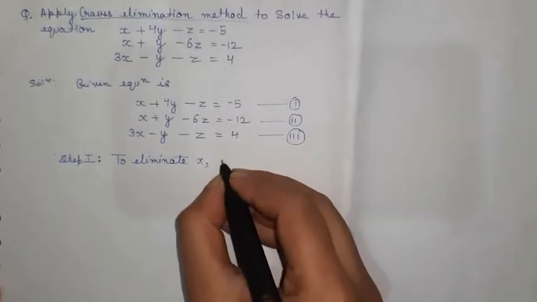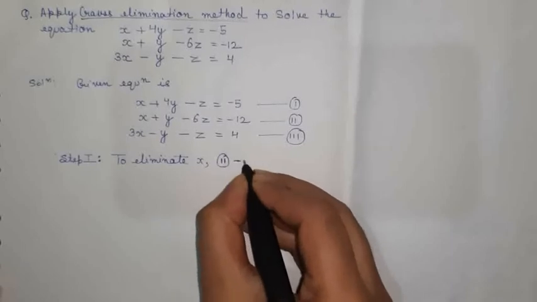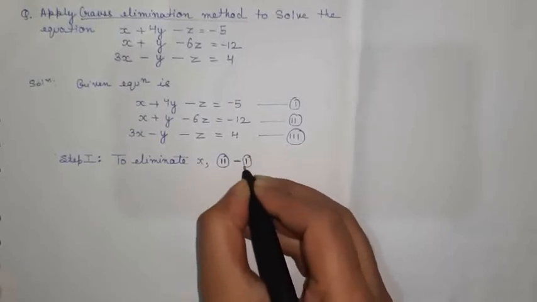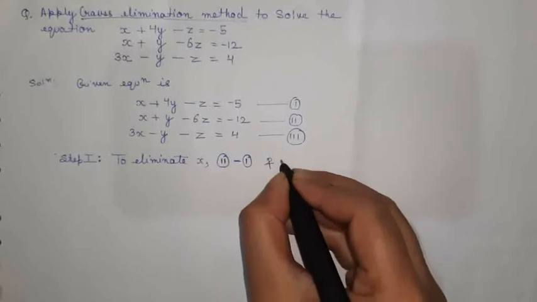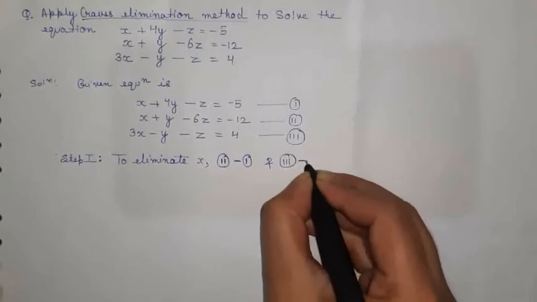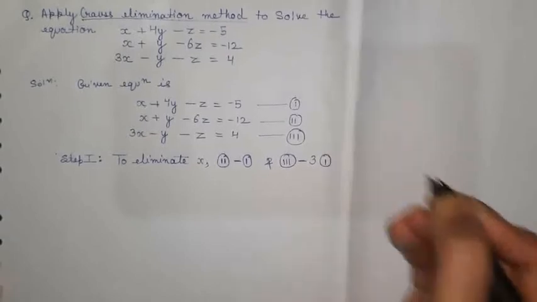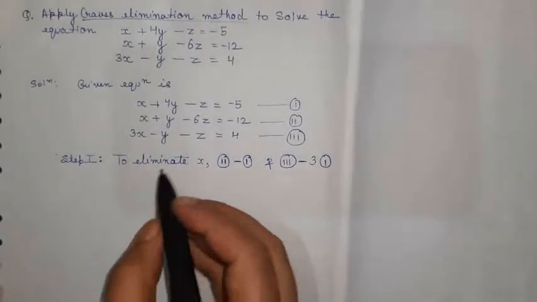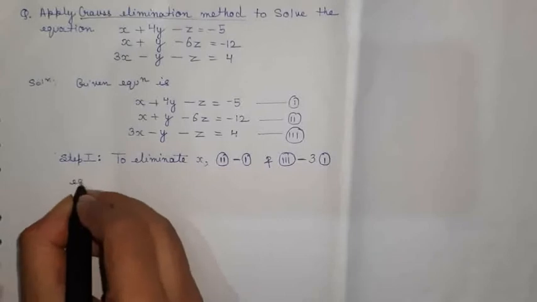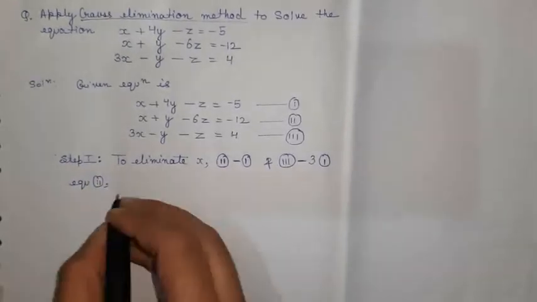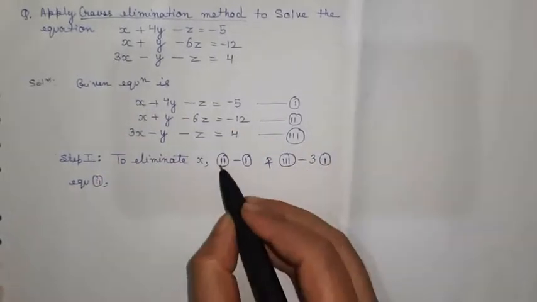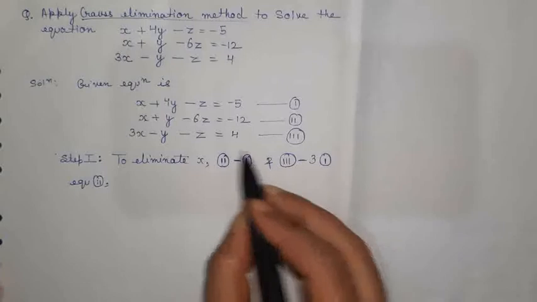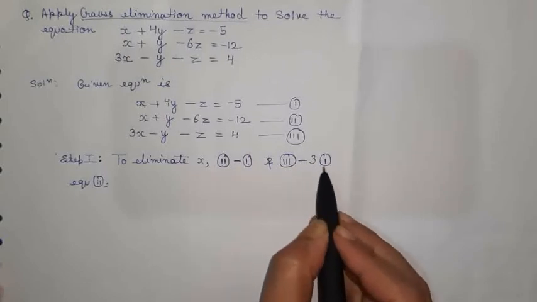We can subtract equation 1 from equation 2, then x and x will cancel out. Similarly, from equation 3 we subtract 3 times equation 1. So equation 2 becomes equation 2 minus equation 1, and equation 3 becomes equation 3 minus 3 into equation 1.